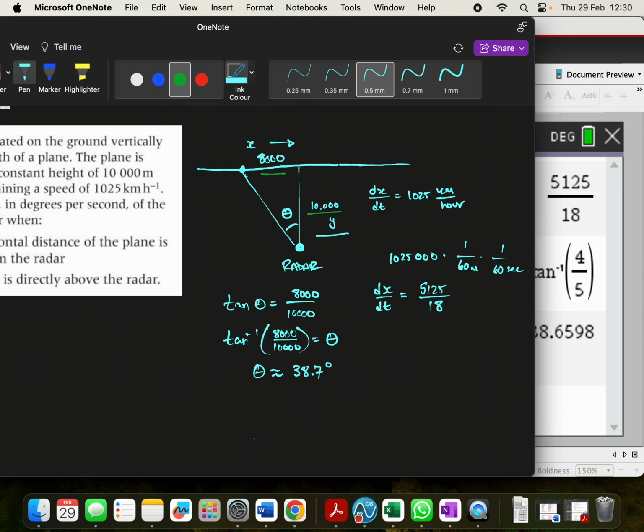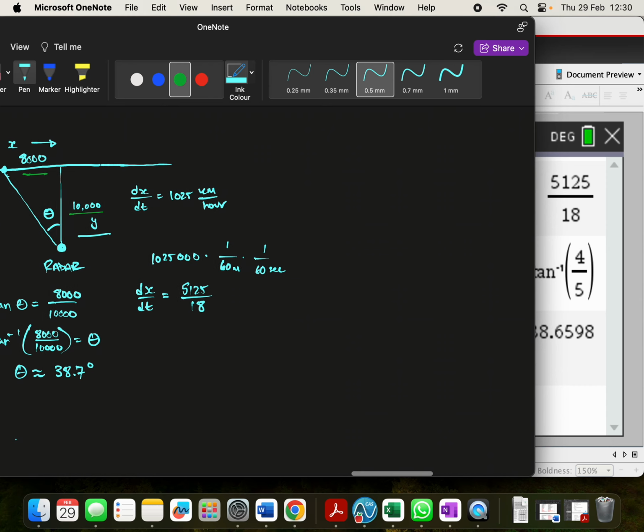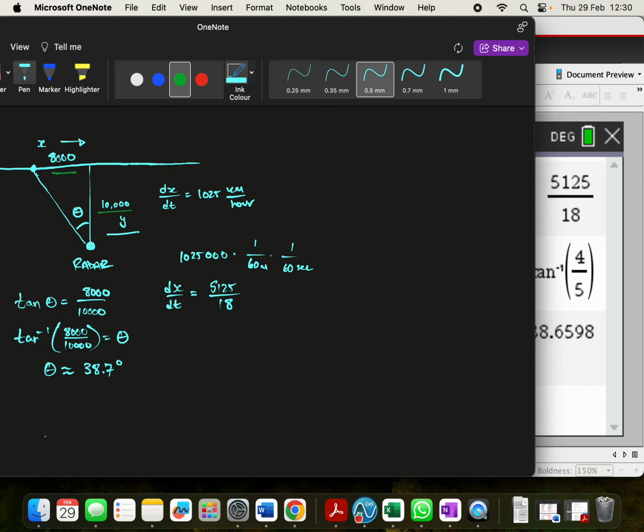Okay, so now I have all of my knowns. We know that x is 8,000. We know that dx dt is going to be 5125 over 18. We also know that our y is going to be 10,000, and it's a constant height.